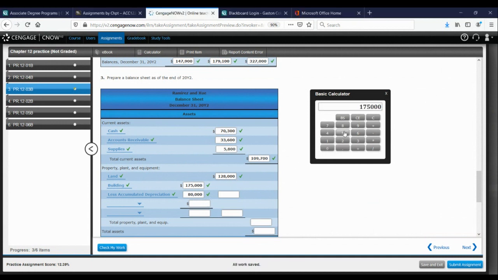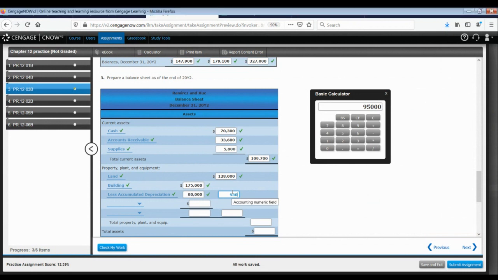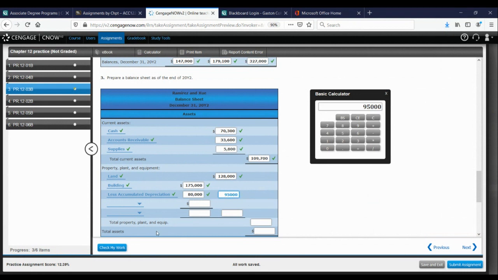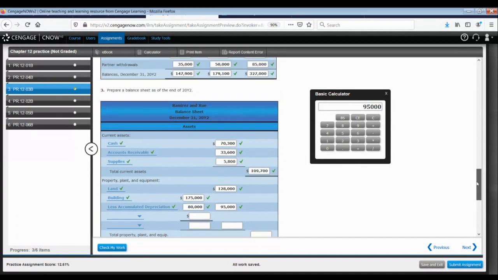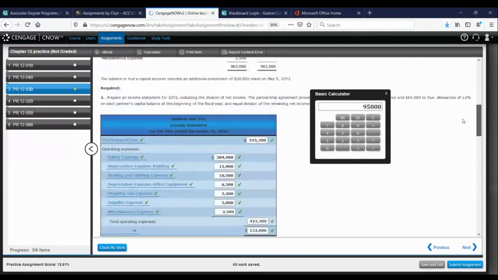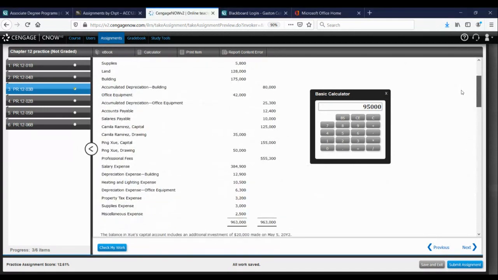We're going to subtract out $80,000 in accumulated depreciation, and that will leave you with what we call the book value. The next asset account that we're going to list is also a plant asset. This one's going to be office equipment, and office equipment cost us $42,000.